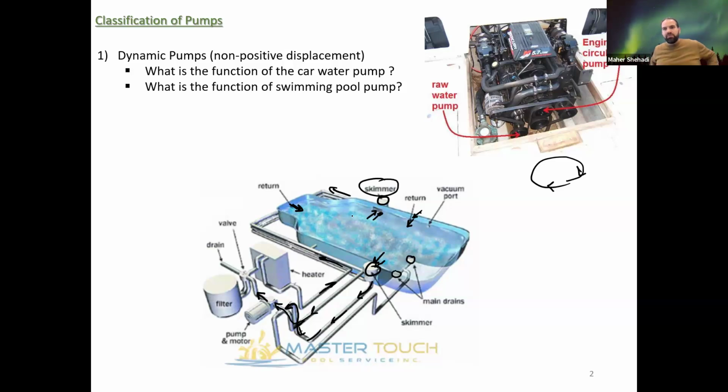We're not going to design a pool, so I will just leave it. But in general, we have some water being pulled by the pump. It filters that, it heats that, and then it pushes that back to the pool. So all this pump needs to do is overcome the losses or the pressure drops in the system, which are in this case the filter, the heater, and the friction inside pipes.